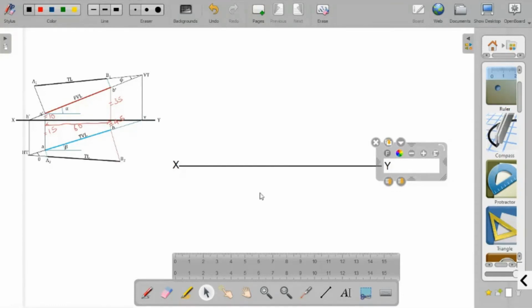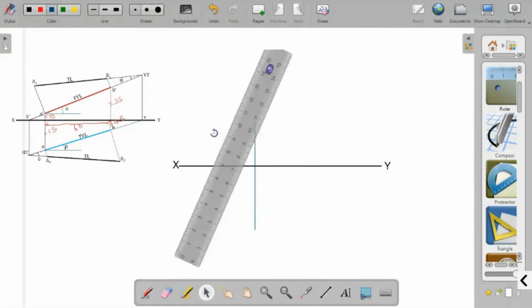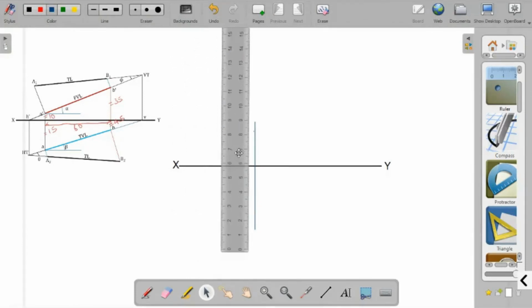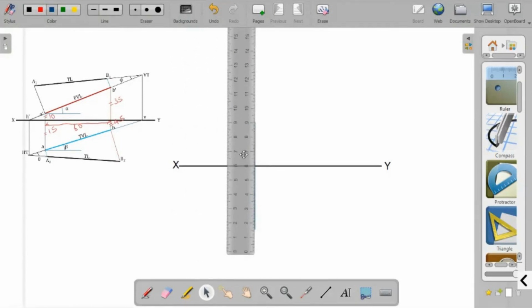Now we mark the point A dash as well as A. So in order to mark it, we draw a projector, a perpendicular line. And on this particular line, you have to mark 10 millimeter above the XY line as well as 15 millimeter below the XY line.